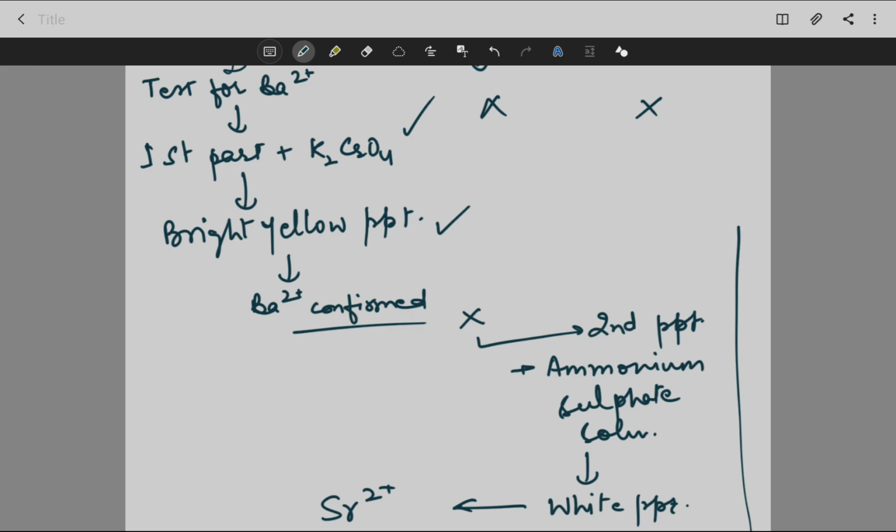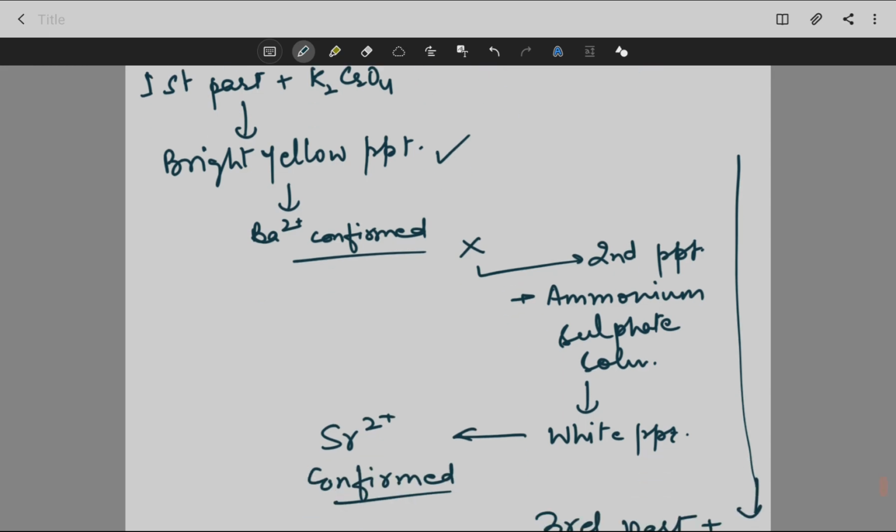Similarly, strontium has a tendency to give both tests. It gives a white precipitate with ammonium oxalate also, and calcium also does so. So if we have not ruled out the presence of strontium before, there may be a confusion when we get the white precipitate with ammonium oxalate, whether it is because of calcium or strontium.